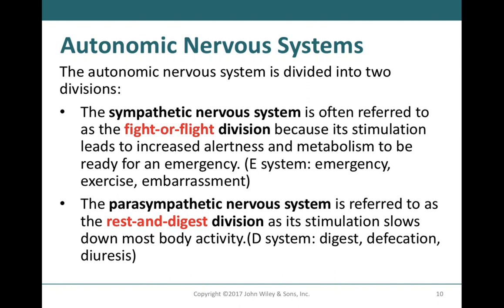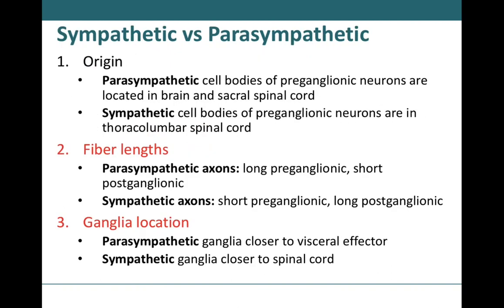Now, on top of our sympathetic and parasympathetic nervous systems having two different functions, we'll also see anatomical differences in the structure of our autonomic nerves and our sympathetic and parasympathetic neurons. So there are three major differences between sympathetic and parasympathetic neurons that we want to be aware of. Sympathetic and parasympathetic nerves differ from where on the spinal cord they are originating from.